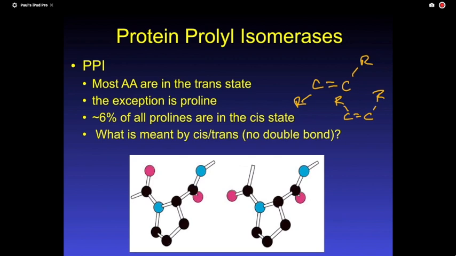All right. Discuss with your partner. How can proline have a cis and a trans with no double bond?